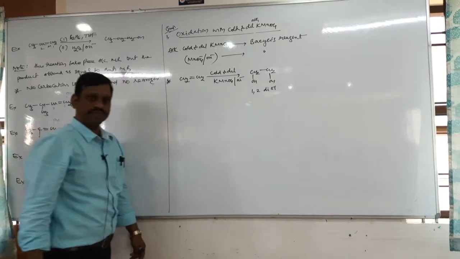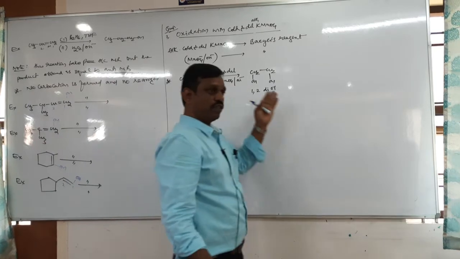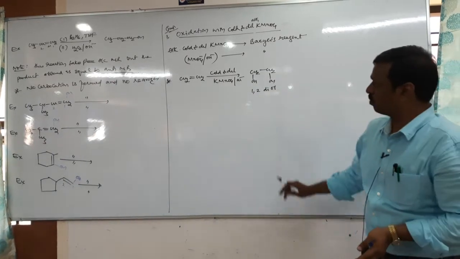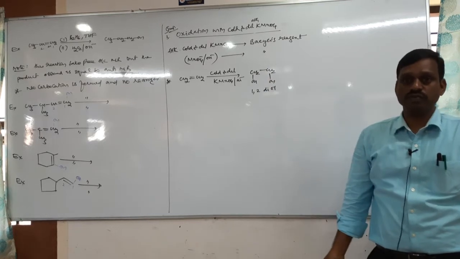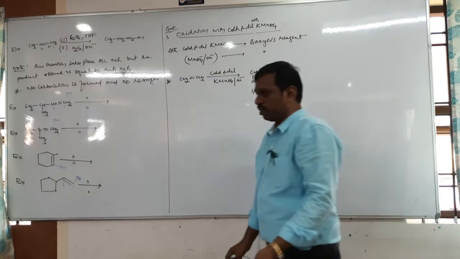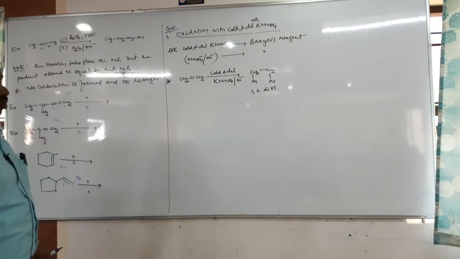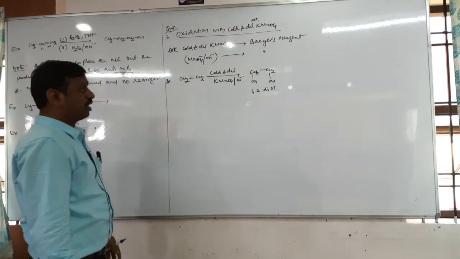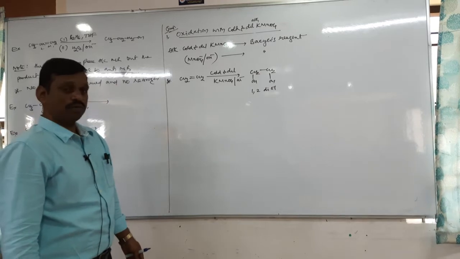So therefore, what is the statement? Alkenes react with Bayer's reagent, cold and dilute alkaline KMnO4, to form 1,2 diols.